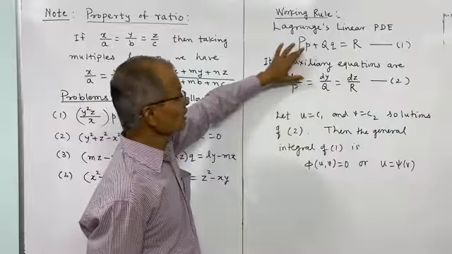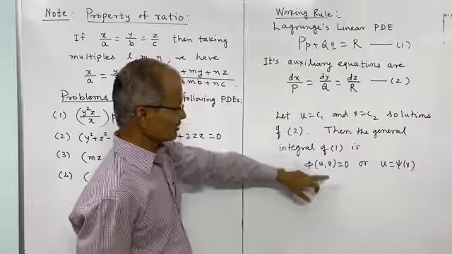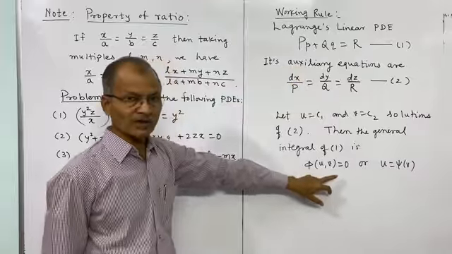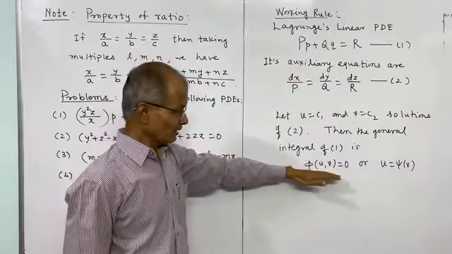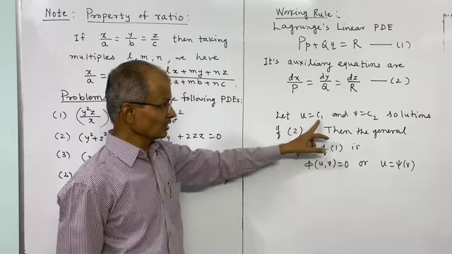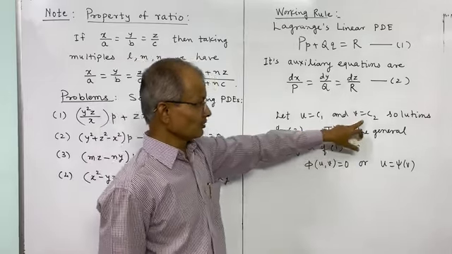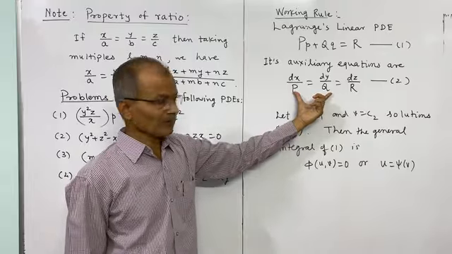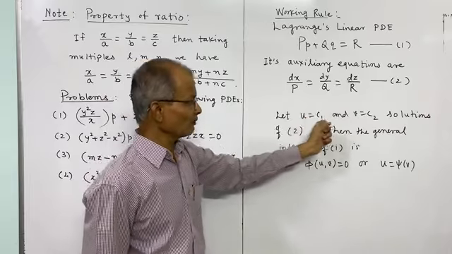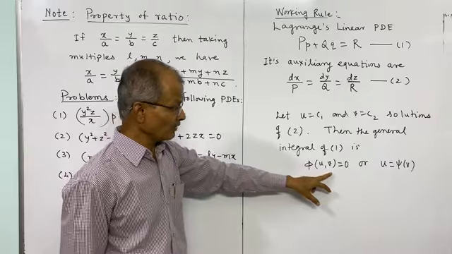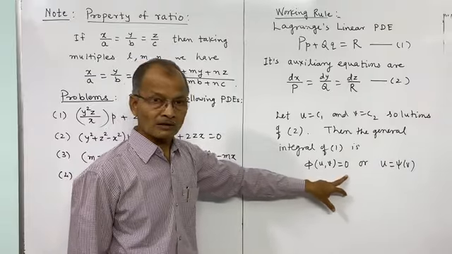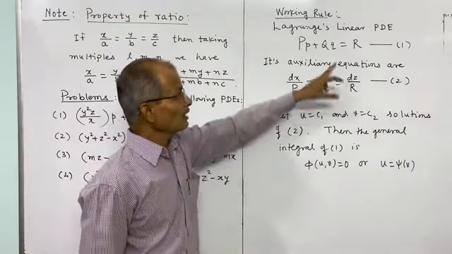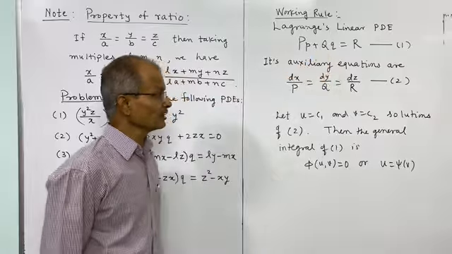We have to find two functions u and v such that u is equal to c1, v is equal to c2 are the solutions of the auxiliary equations. Thus once u and v are obtained, phi of u and v is equal to 0 is the solution of the Lagrange's linear partial differential equation.